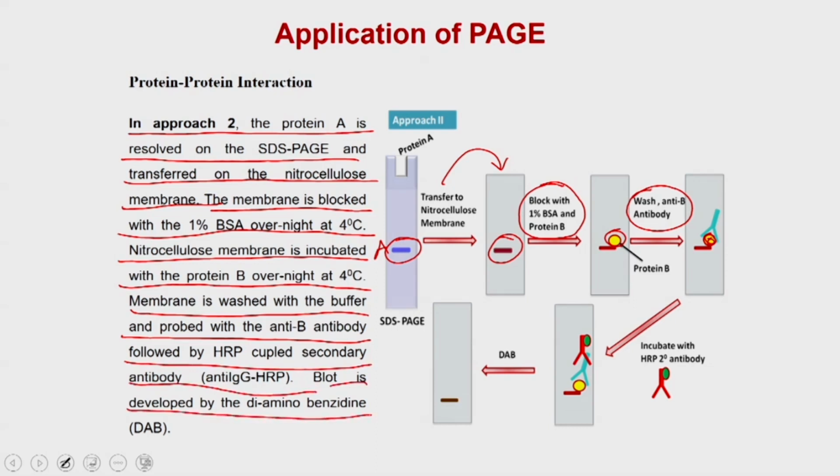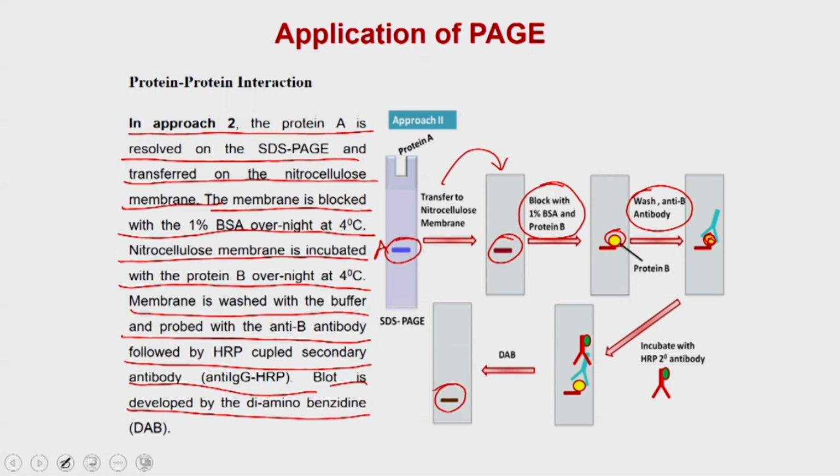So, what will happen is, if B is interacting with A, it will be detected by the anti-B antibodies, and as a result you will see the band at the position where A is present.